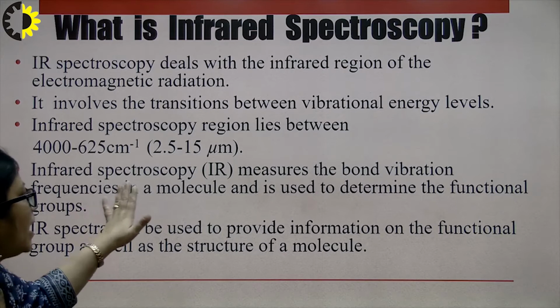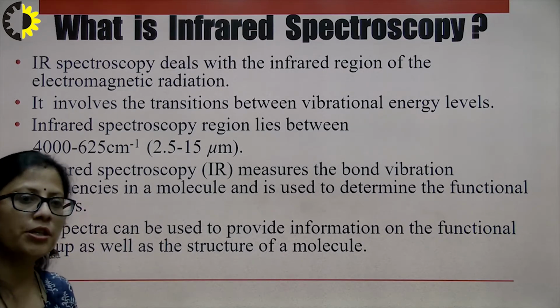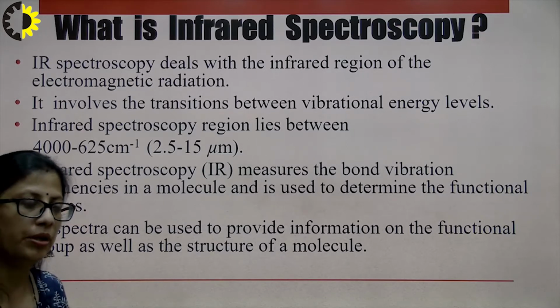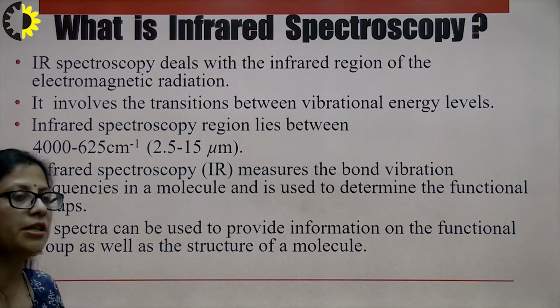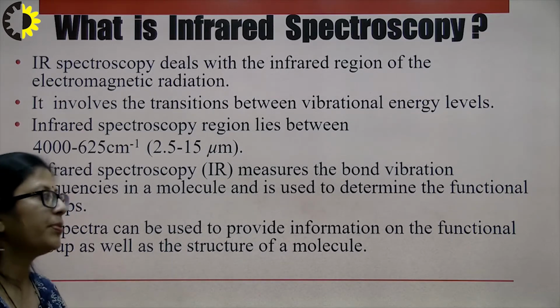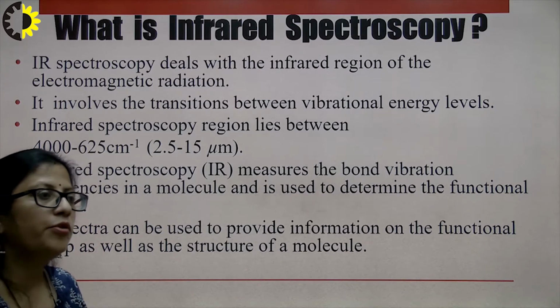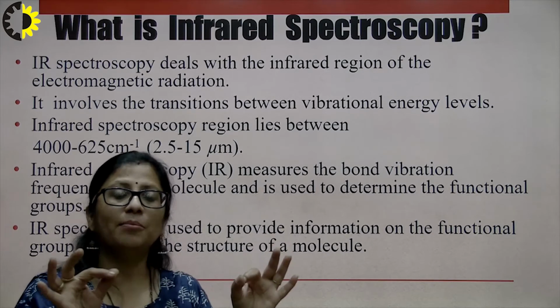And the IR spectroscopy measures the bond vibration frequencies in a molecule, and it is used to determine the functional groups. What I mean by bond vibration frequencies: two atoms are joined together by a bond.